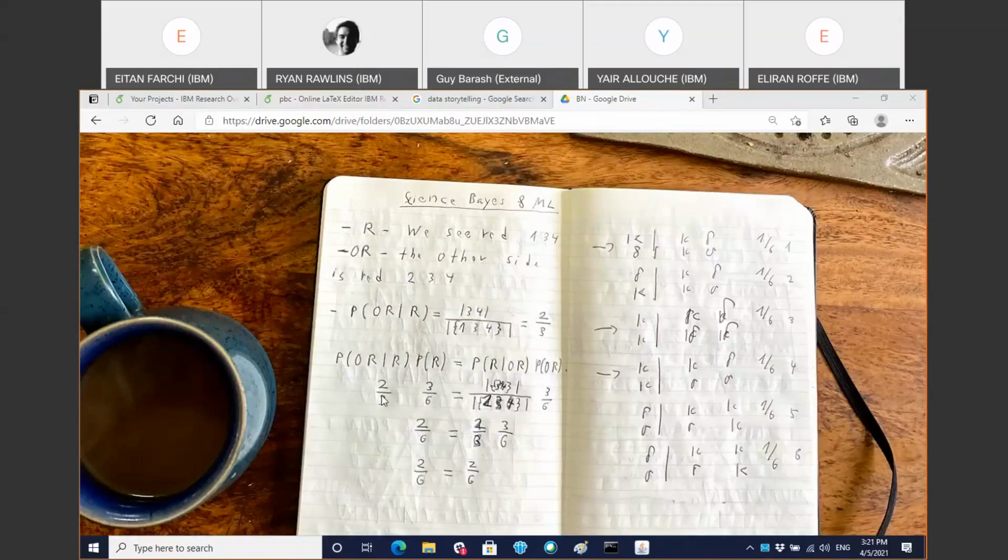Okay, we've seen that. Now, what's the probability that R is red? So this is line 1, 2, and 3. So it's 3/6. What's the probability that OR, that the other side is red? So this is first line, second line.